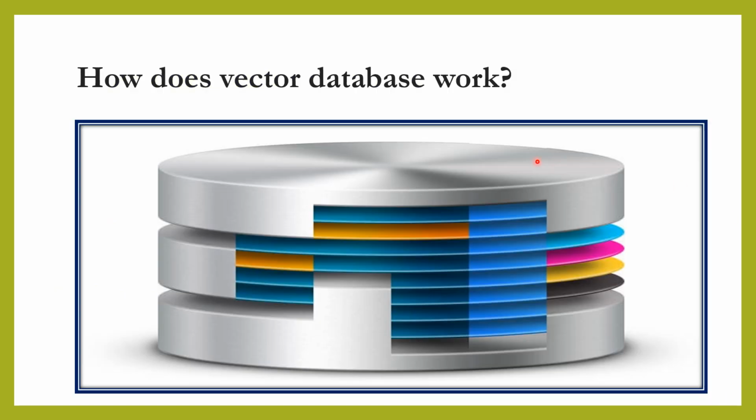Then how does a vector database work? A vector database works by representing each piece of data, such as a document, image or product, as a vector in multi-dimensional space. Each dimension in the vector represents a feature or characteristic of the data, such as a word in a document, a color in an image, or the price of a product.